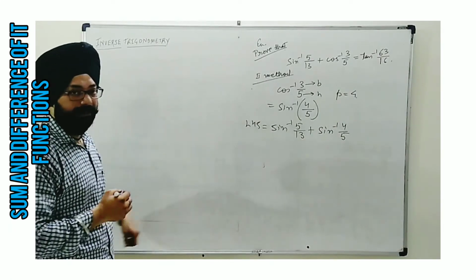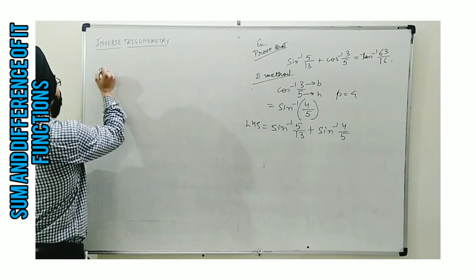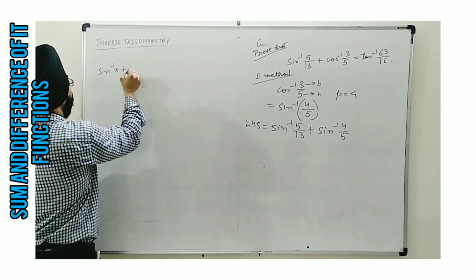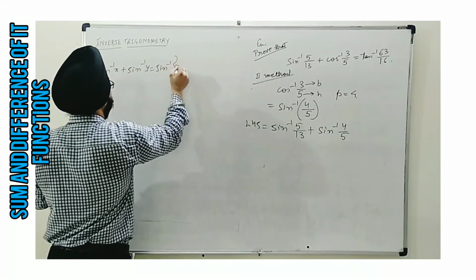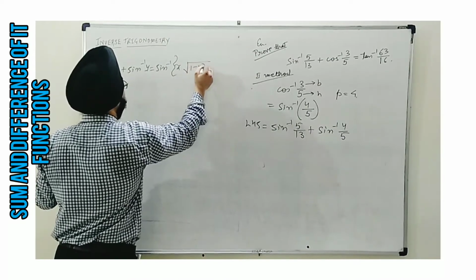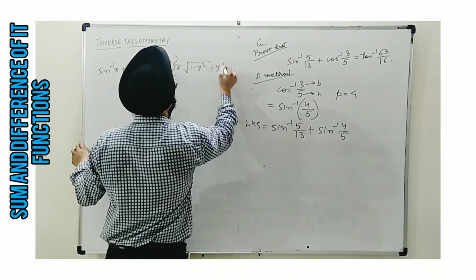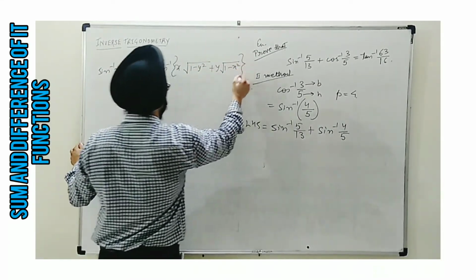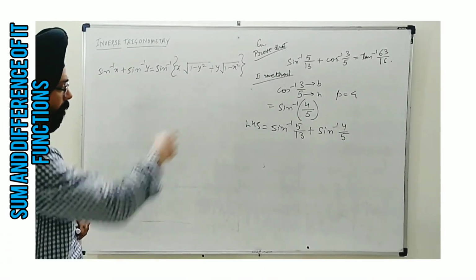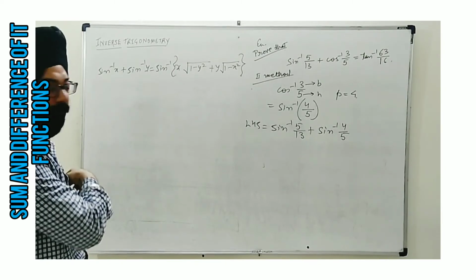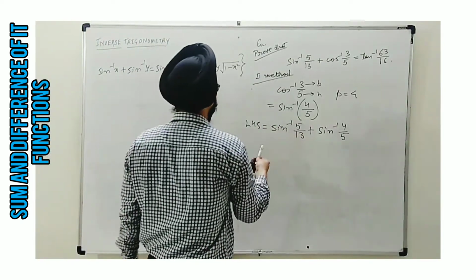Now we know the identity of addition of sine inverse: sine inverse x plus sine inverse y is equal to sine inverse of x under root 1 minus y square plus y under root 1 minus x square. Now when we apply this, x is 5 upon 13 and 4 upon 5 is y.